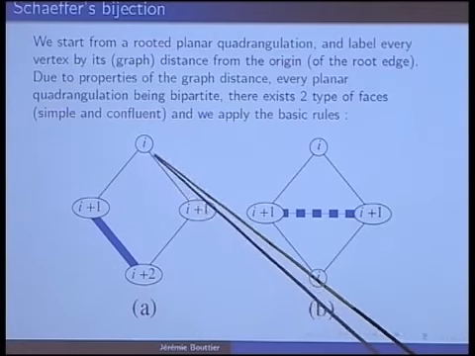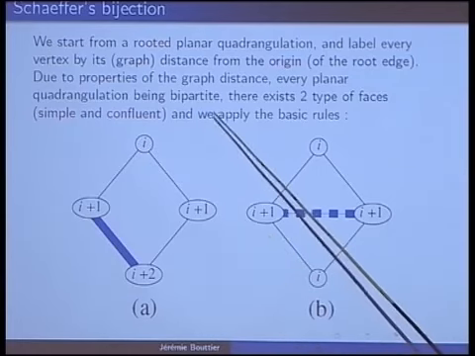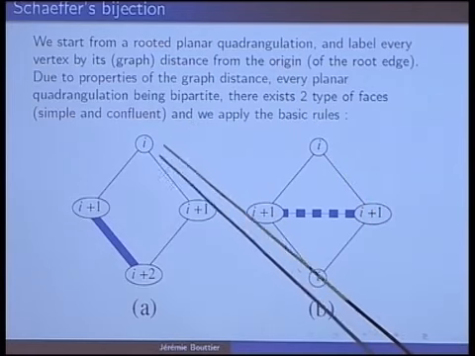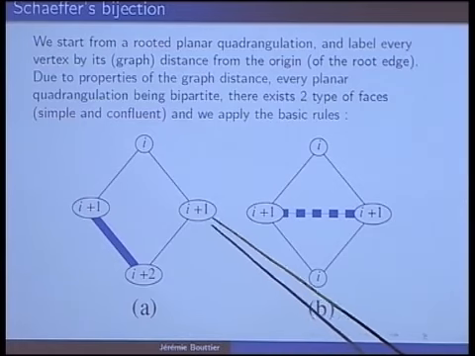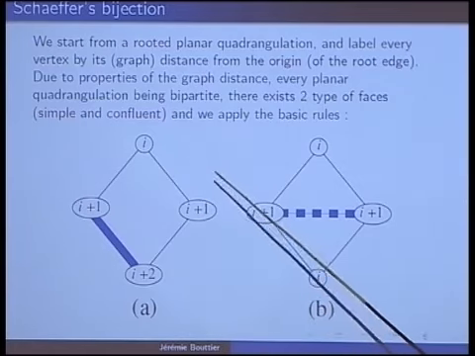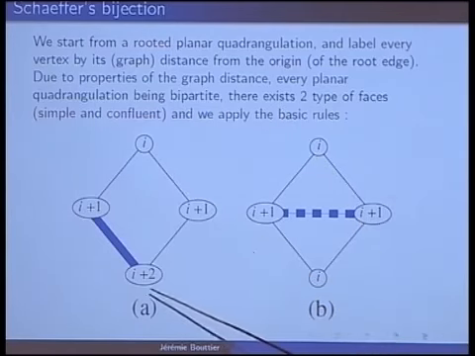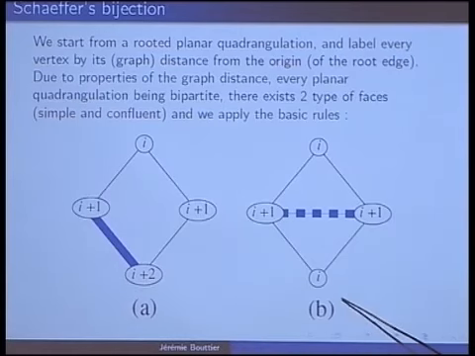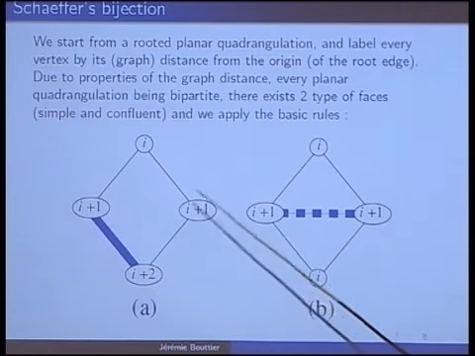If it's minimal, it must increase in that direction. It must always change and not remain equal, because a planar quadrangulation is always bipartite, so the distance changes by 1 modulo 2 along each edge. If i is the minimal label, then the only freedom is the label of the opposite vertex, and then you have these two possible choices, which Schaeffer called simple and confluent faces.